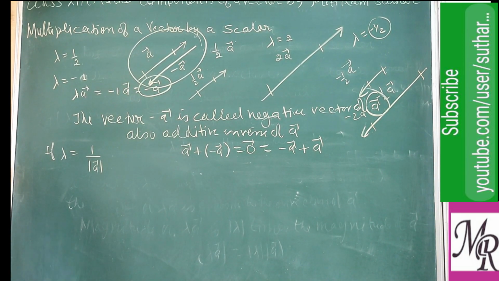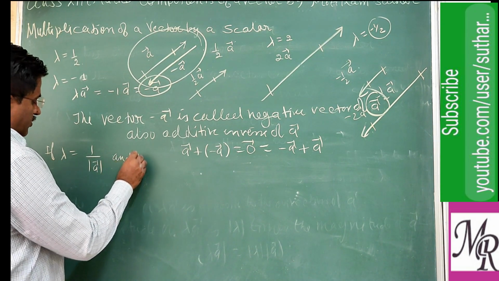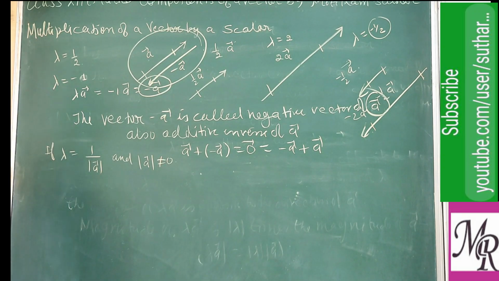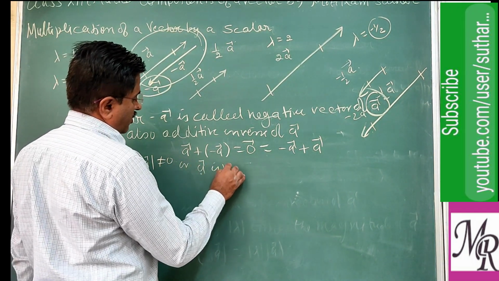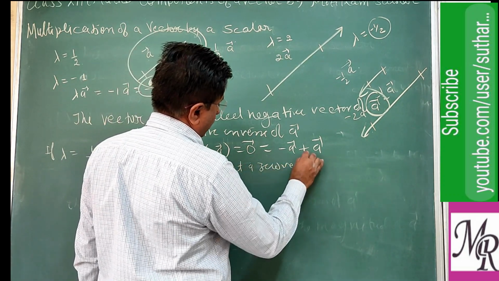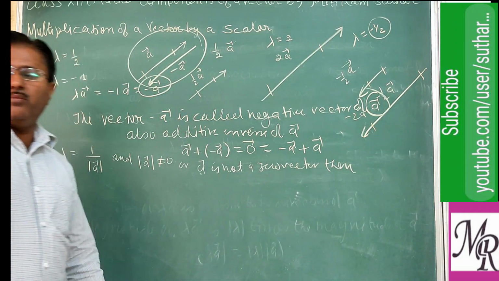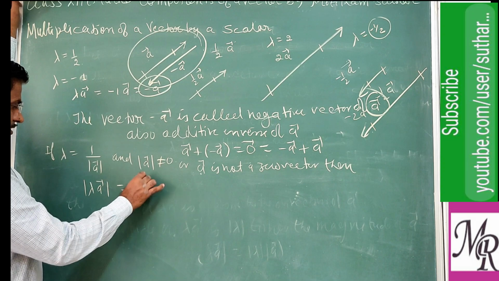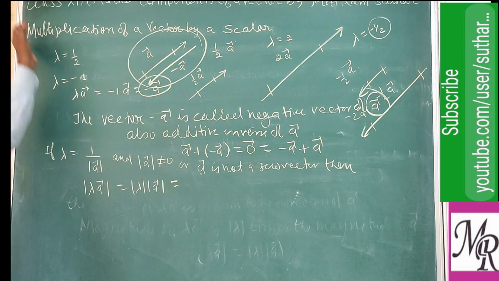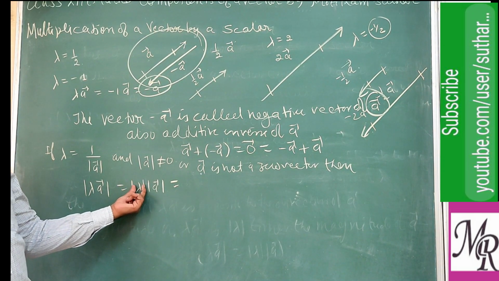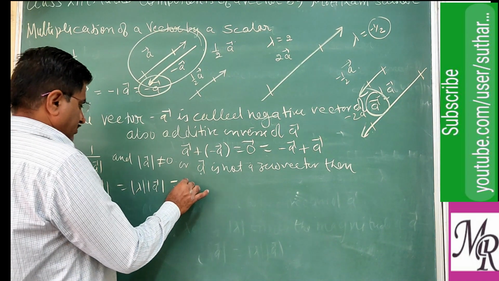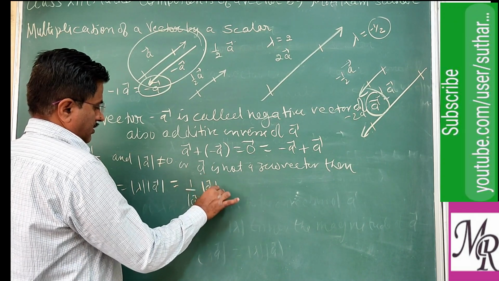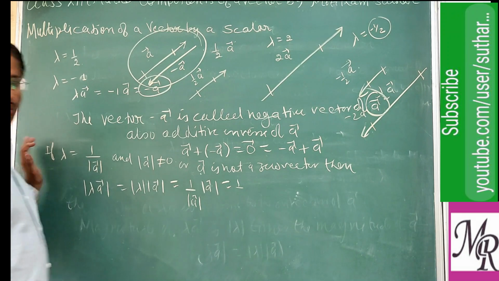Now also, if we consider lambda equal to 1 upon mod of vector A, a special case in which the value of lambda equal to 1 by mod of vector A, and also we can say this scalar is not equal to 0, or vector A is not a 0 vector, then we have a very important property, that is mod of lambda A is equal to mod of lambda into mod of vector A. Now we can put the value of lambda, 1 upon mod of vector A. So what we get, 1 upon mod of vector A into mod of vector A. Both are scalar, that's why dividing we get 1.